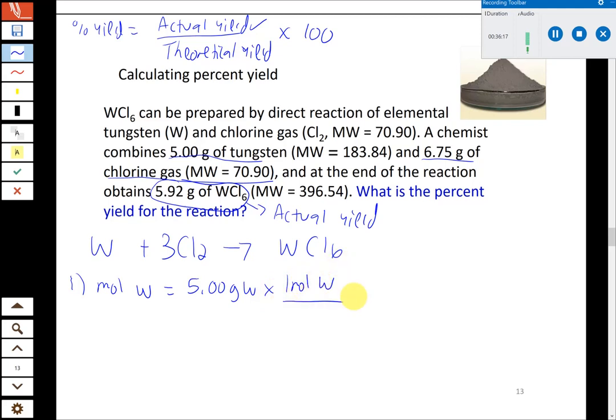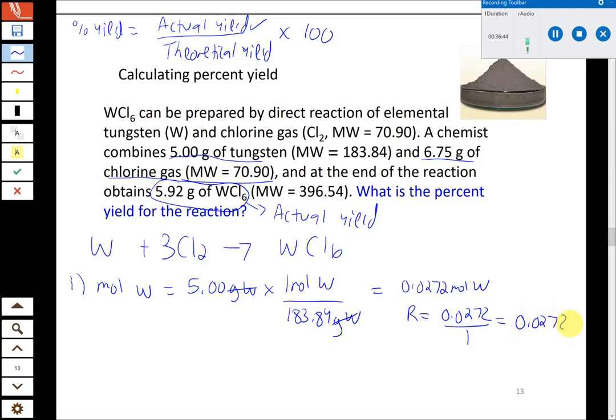So this is going to look very repetitive with what we did before already today. All right, so we get 0.0272 moles of tungsten W, and then the stoichiometric ratio is going to be that number divided by the coefficient. The coefficient for W is 1, so it's the same number.